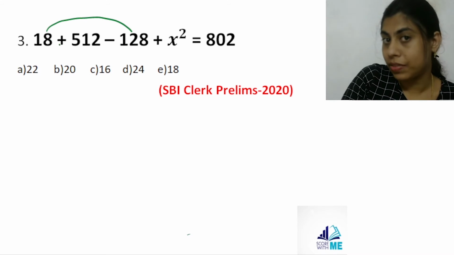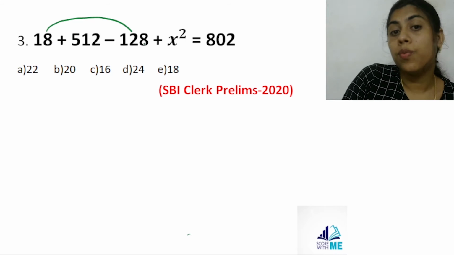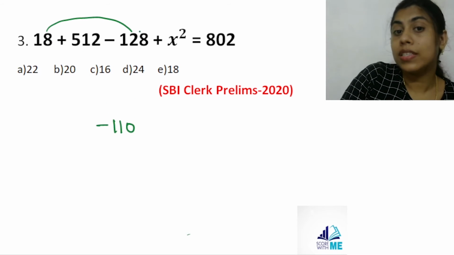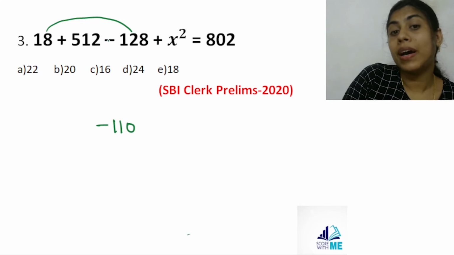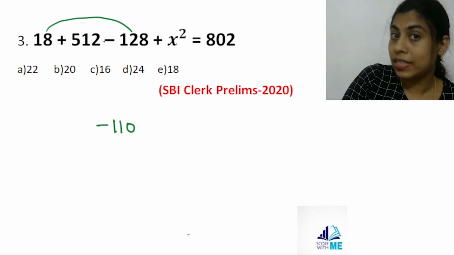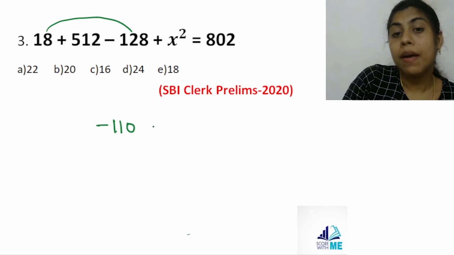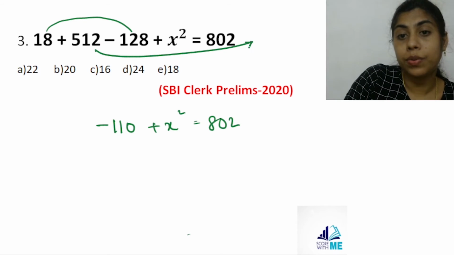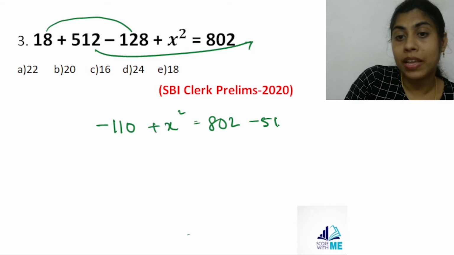These two numbers have the same units place. So 128 minus 18 is going to give you 110. Since 128 is a bigger number, and it has a minus sign before it, this becomes minus. Plus x square is 802. We'll bring this 512 here. This becomes minus 512.